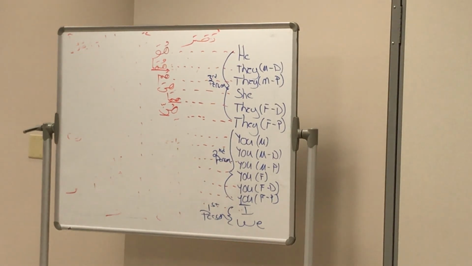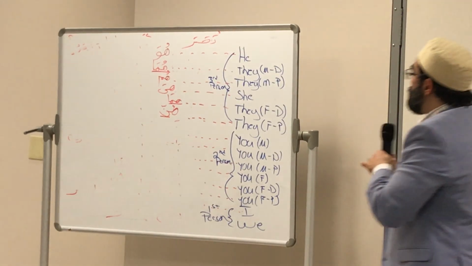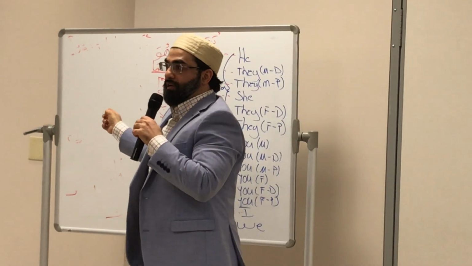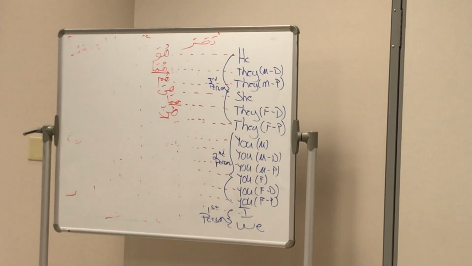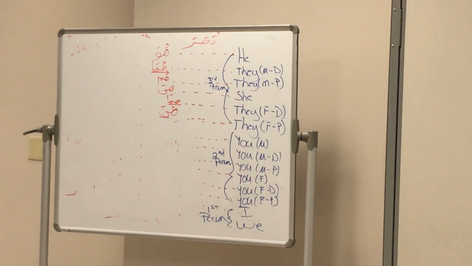All right? In Arabic, words are always masculine or feminine. All nouns are masculine or feminine. And when you reference back to that noun, you have to use the right pronoun. Okay? So, let's continue.